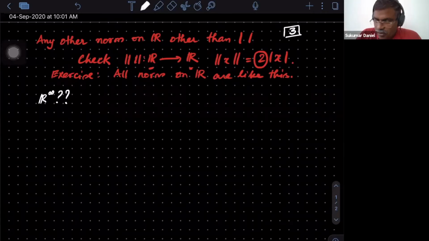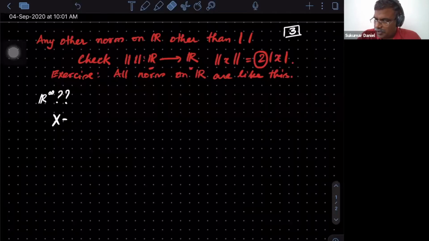that I collect all functions defined on some set x. Okay, so x is some, we want to be more precise, so let me say it's a non-empty set.